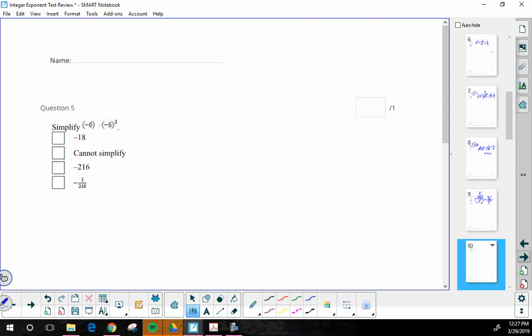Question number 5. -6 times -6 squared. Well, this has a 1 on its exponent, even though it's not there.